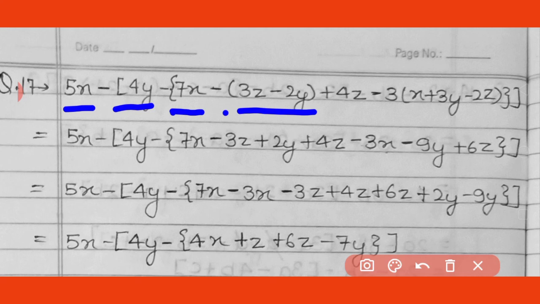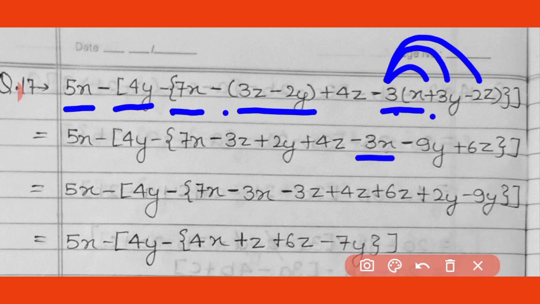Here this minus 3 will multiply with each term which is present inside, as I am showing with the arrow. Means minus 3 is multiplying with x, it became minus 3x. Minus 3 is multiplying with 3y, it became 3 times 3 is 9, minus 9y. And third, minus 3 is multiplying with minus 2, 3 times 2 is 6, and minus became plus, it became plus 6z.